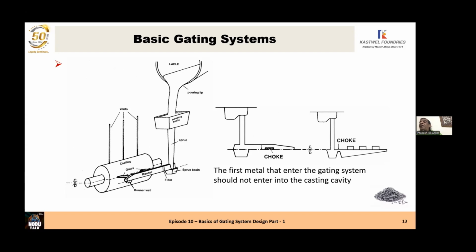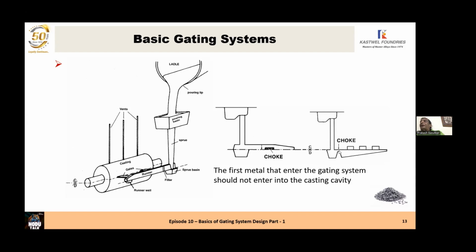The choke can be at the ingate, or as the next figure, the choke can be at the connection near the screw and the runner. But if you notice, I will tell you something about the choke. The choke should be as far as possible kept in such a way that the running system gets full as soon as possible.